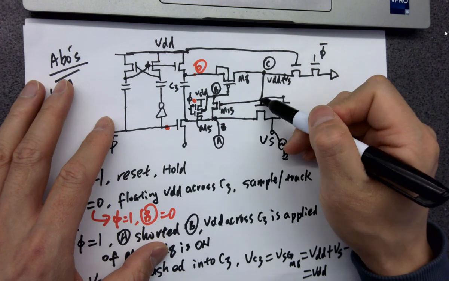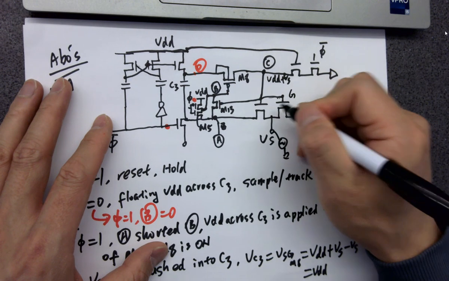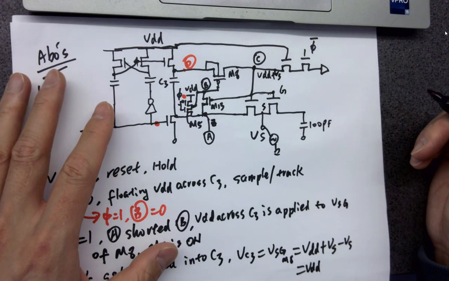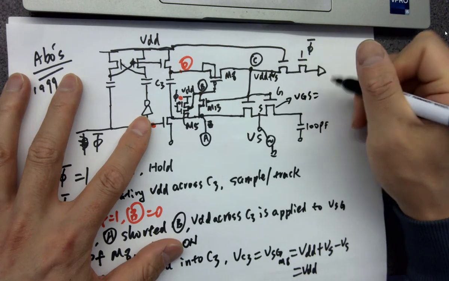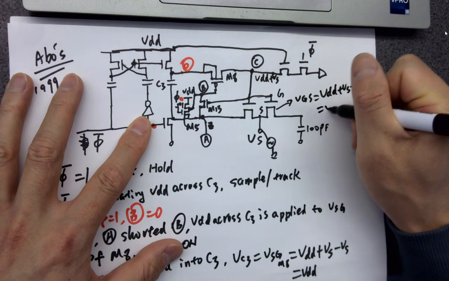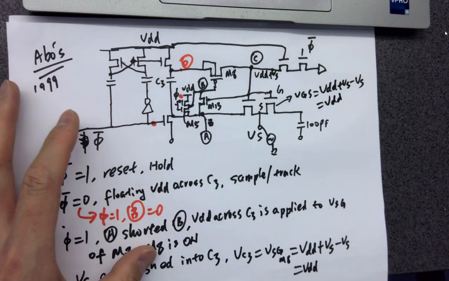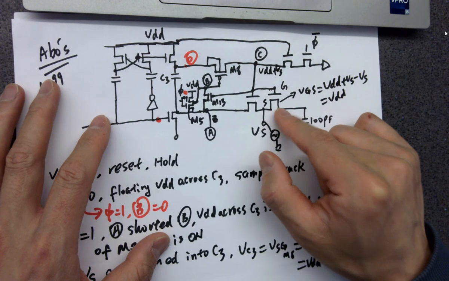And keep in mind, this is the same line, okay? And this is the VS. So VGS equals VDD plus VS minus VS as well, which is VDD. And that's the whole point of the circuit, trying to make the VGS constant for this sampling transistor.